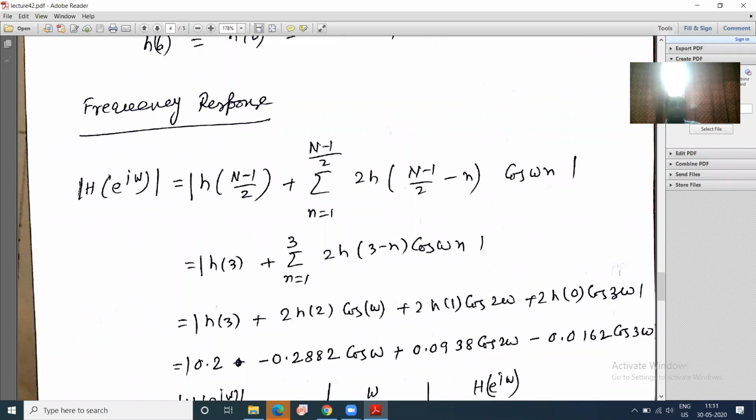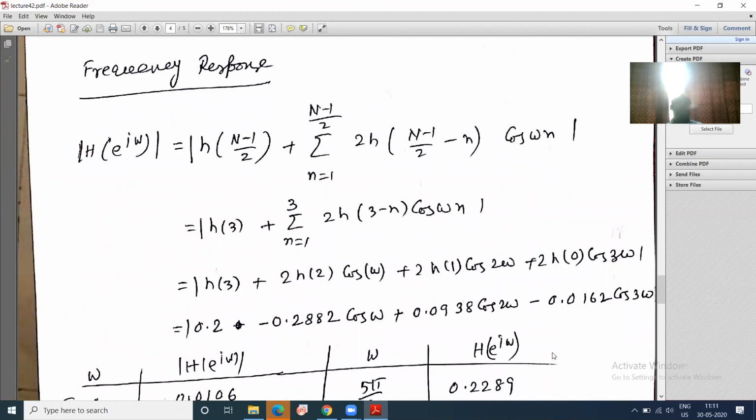Then this becomes 0.0938 cos 2ω, and this becomes 0. Because actually what I have done is substitute h2, h1, and h0 and multiply by 2. So up to this, I have computed the expression for the frequency response.